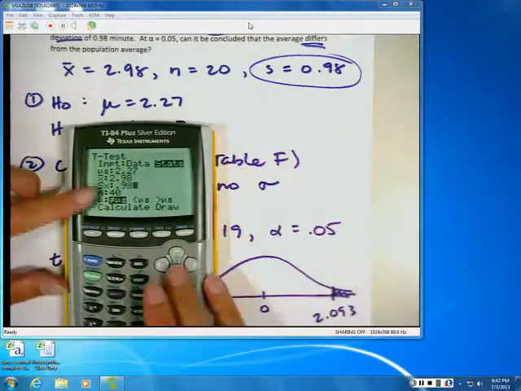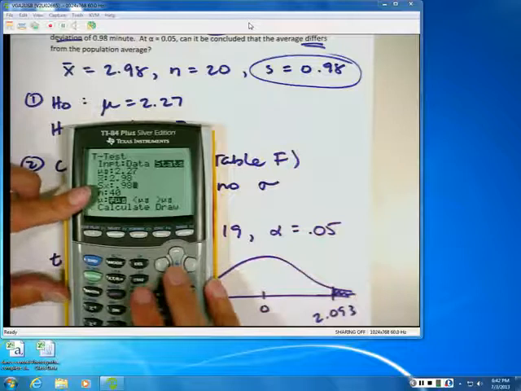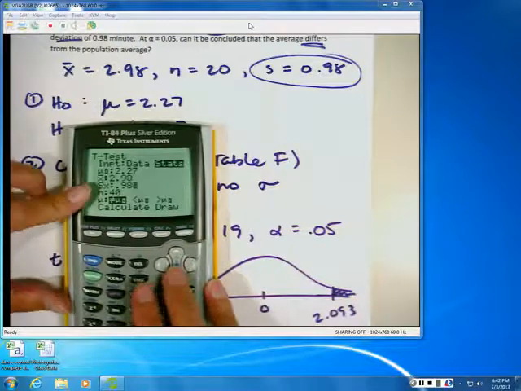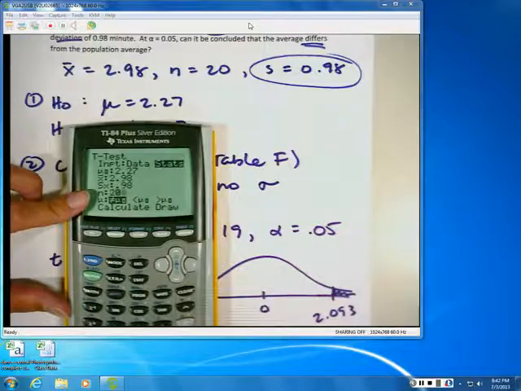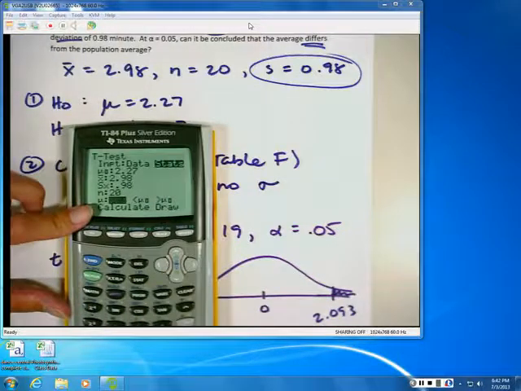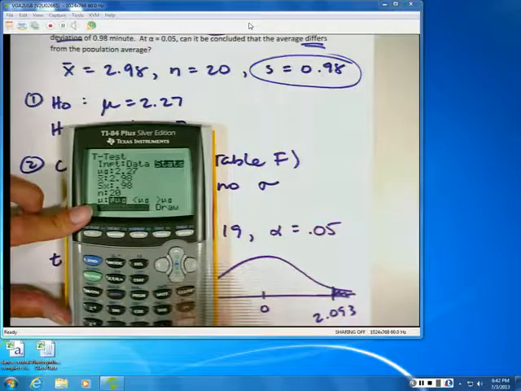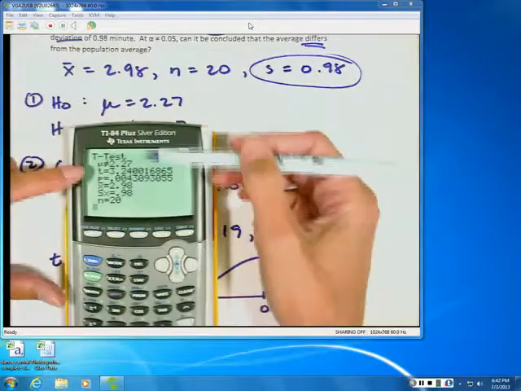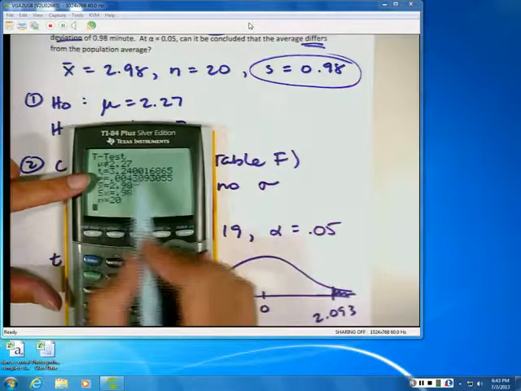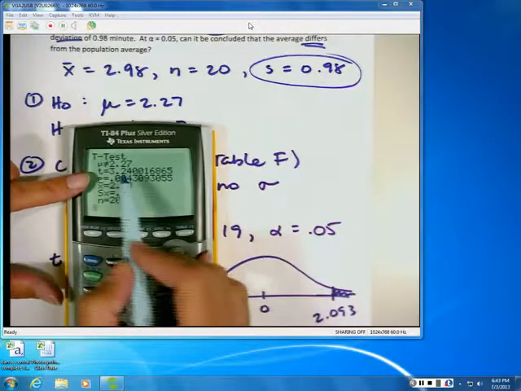If I had sigma, I would be using a z-test. That's why they have S here. N was 20. Not equal. Calculate. Okay, so there it is. They're just confirming a few things, but here's my test value, 3.24.